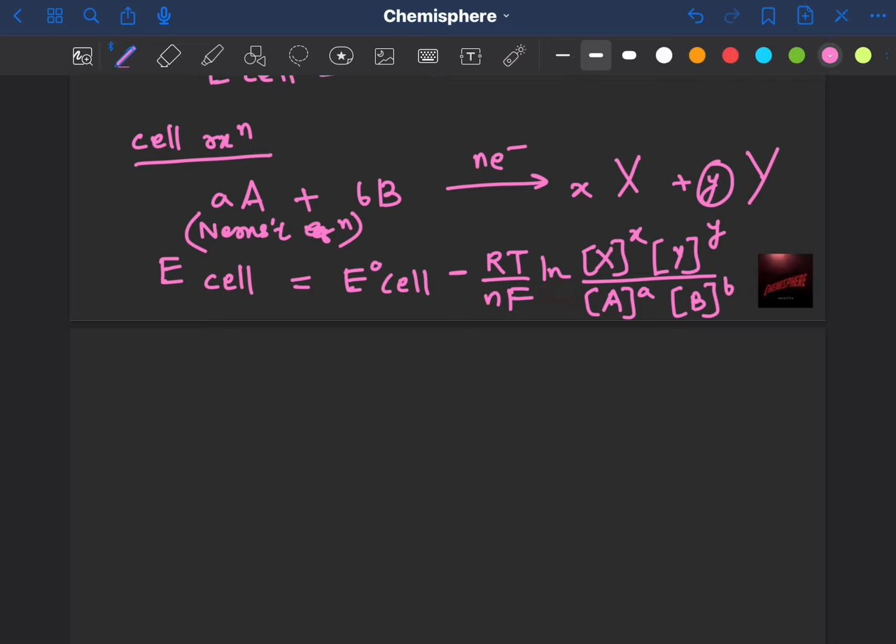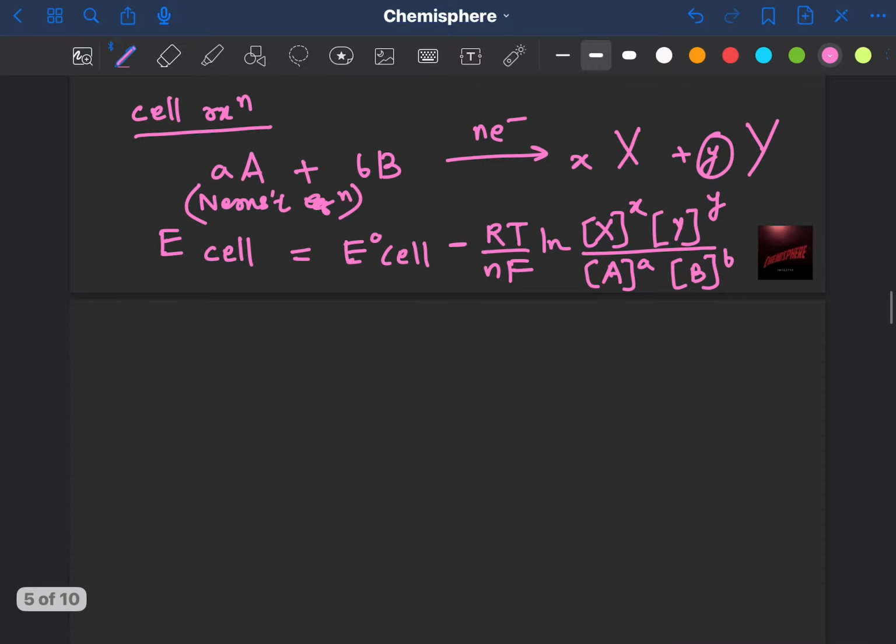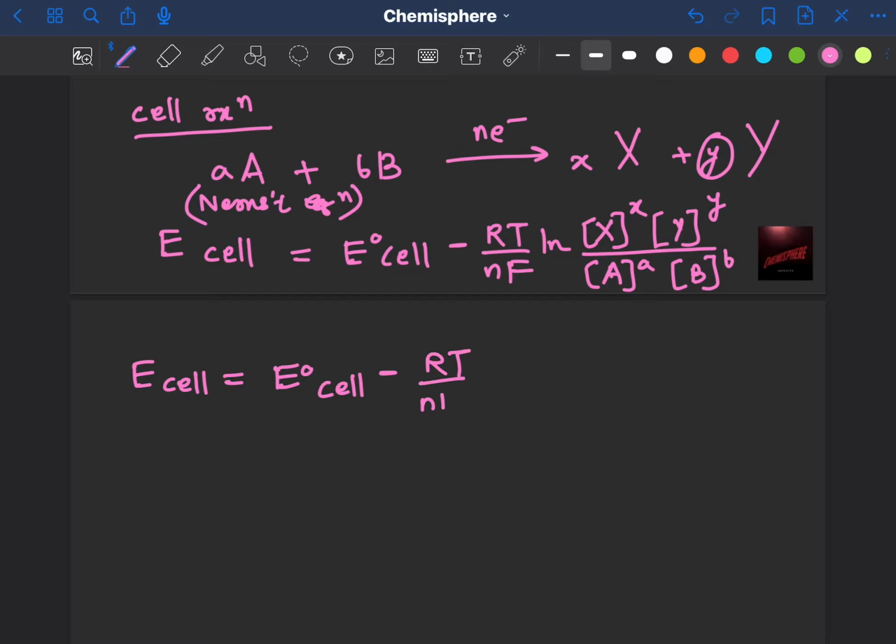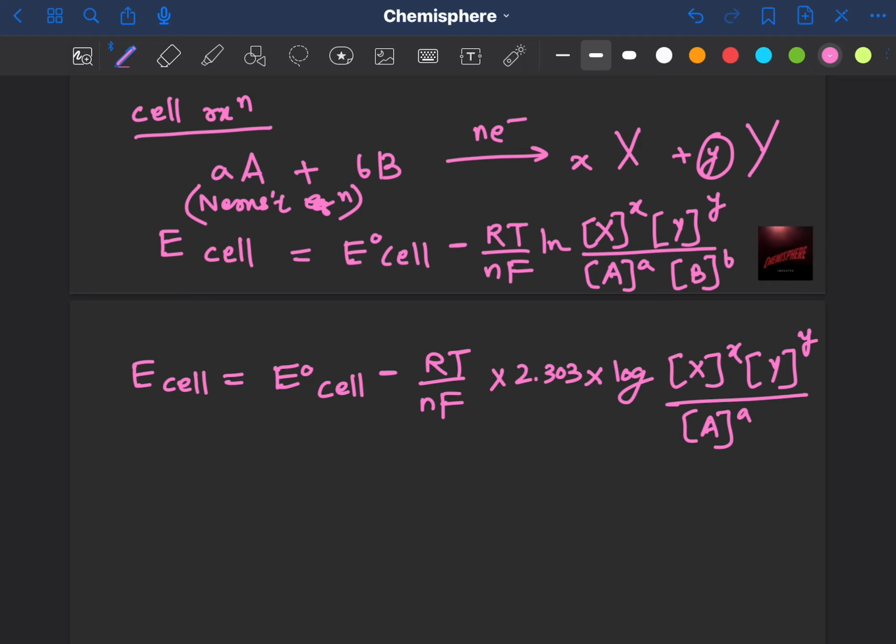When we convert ln to log, the equation ultimately changes to E cell is equal to E naught cell minus RT by nF into 2.303 into log of X to the power x, Y to the power y, divided by A to the power a and B to the power b.